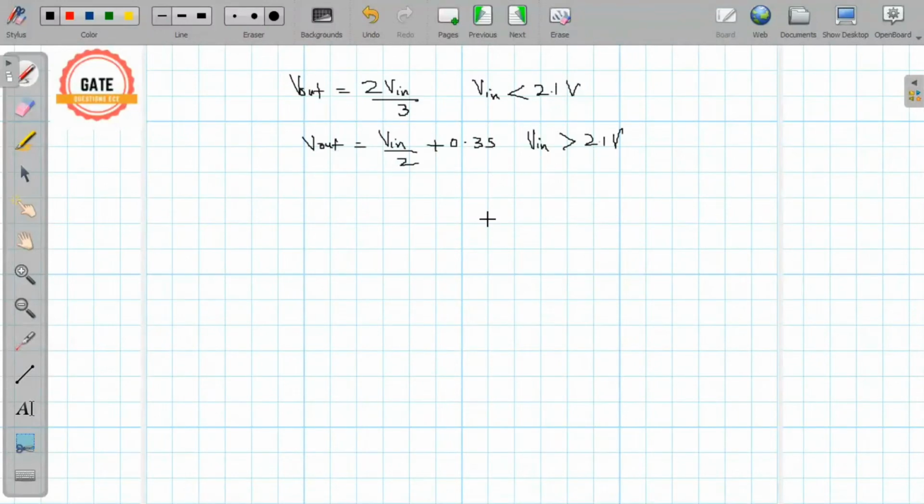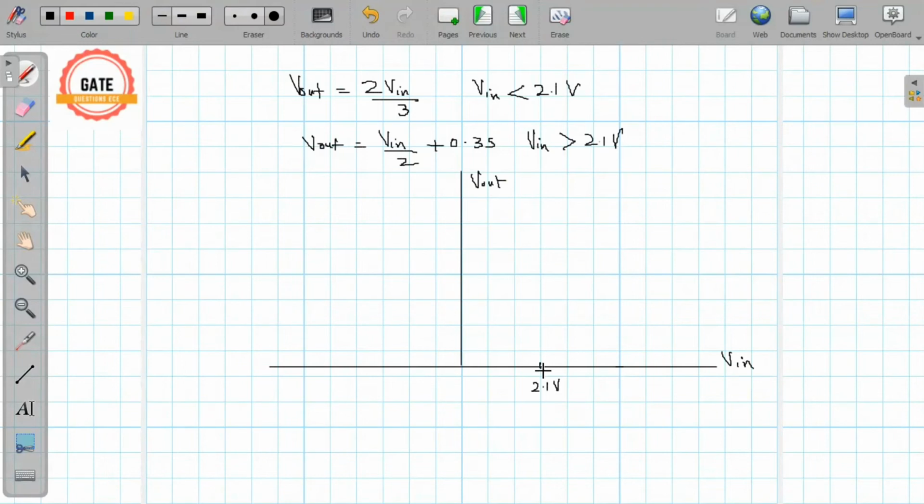So using these two equations, we can draw the graph. So this is our V out axis and this is our V in axis. So let's assume that this value is 2.1 volt.